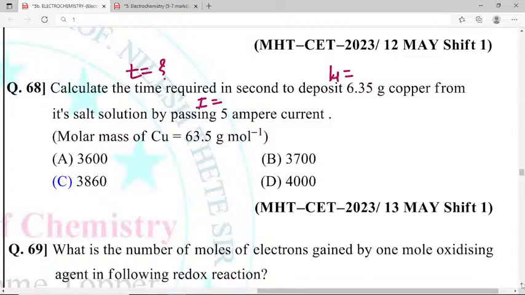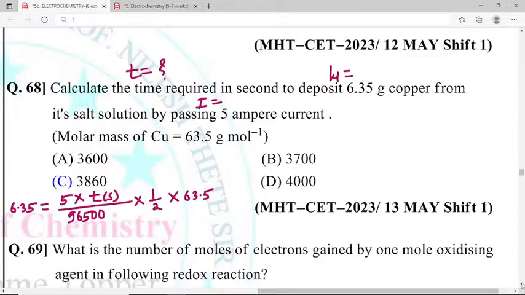What is the formula here? 6.35 is equal to the current 5 multiplied by time in seconds, divided by 96500, multiplied by mole ratio 1/2, multiplied by molar mass 63.5. Multiply and divide, we'll get the answer 3860.